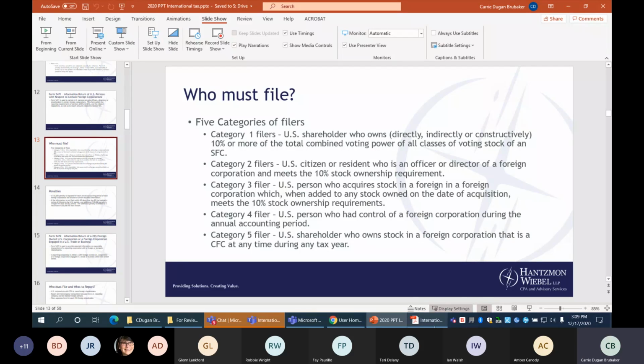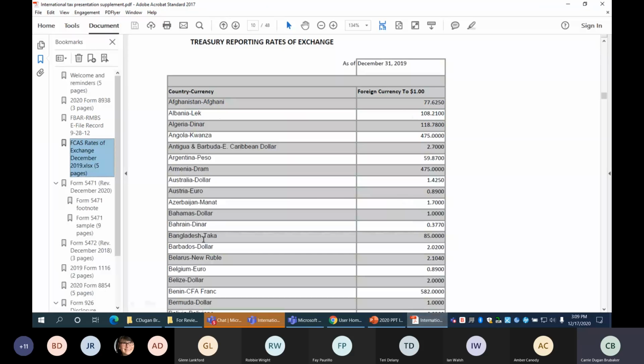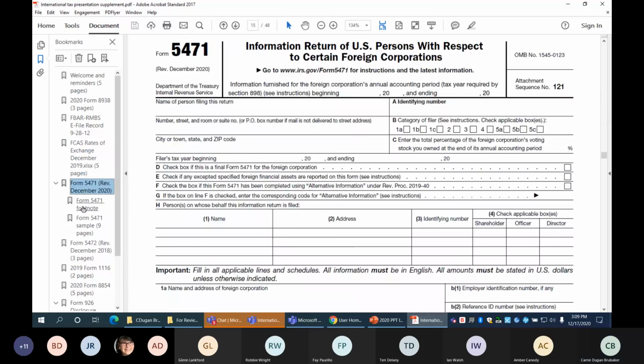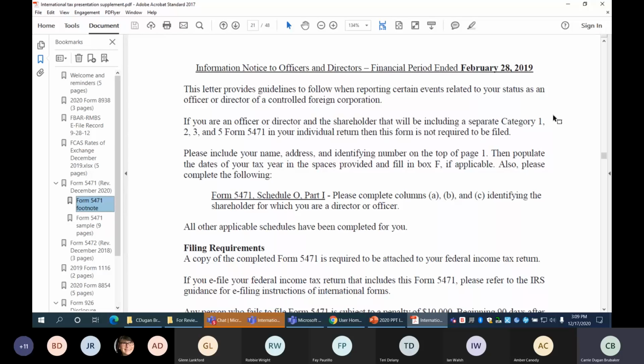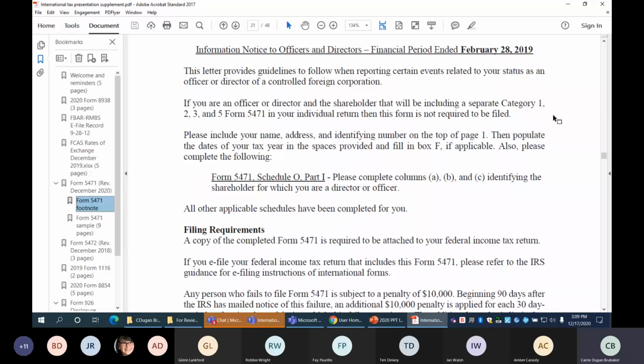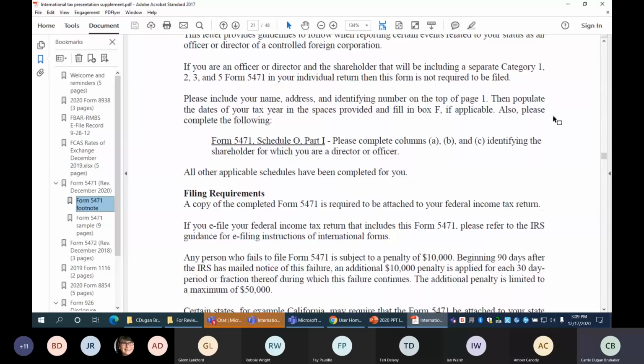So I wanted to show you an example of how you would know you need to file this. One of our clients received this type of a footnote for an organization that they are involved in, and they do go on to tell them which filer they are and what information they have to provide.